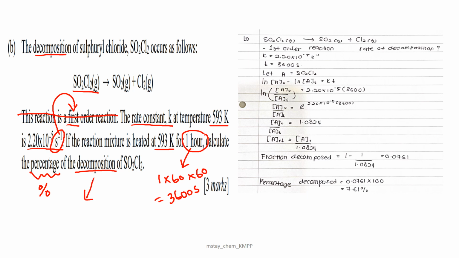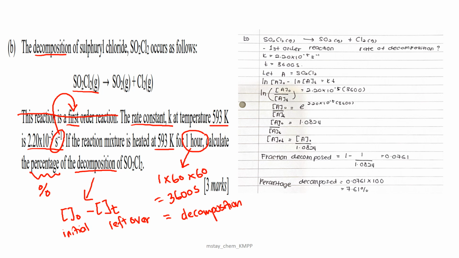So means that we are going to use initial concentration minus the concentration that left over to get the decomposition value.